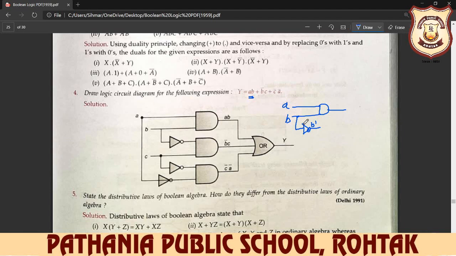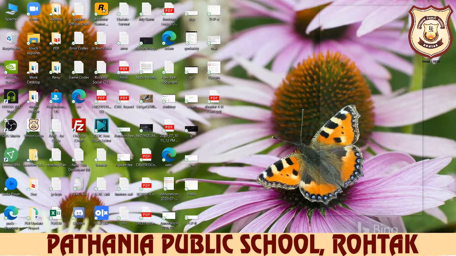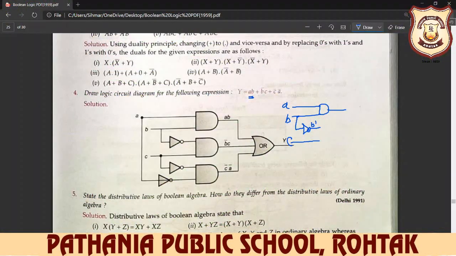And after that we need the C. So you just draw C here. And B complement C, the multiplication sign is here, so we need the AND gate, so you just draw an AND gate here. After that we need C complement A complement.